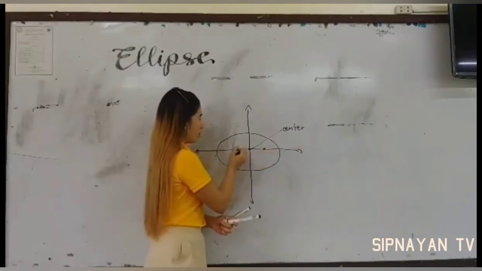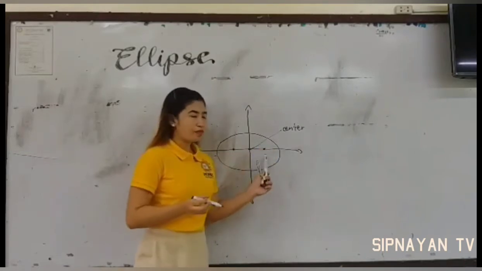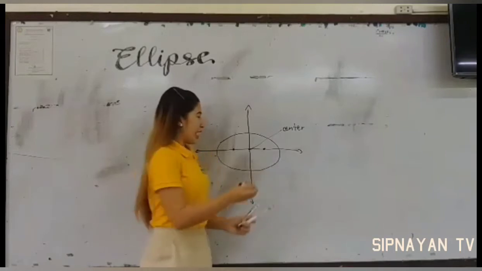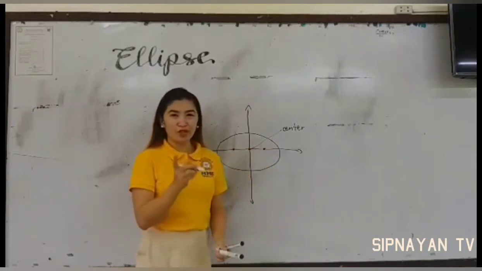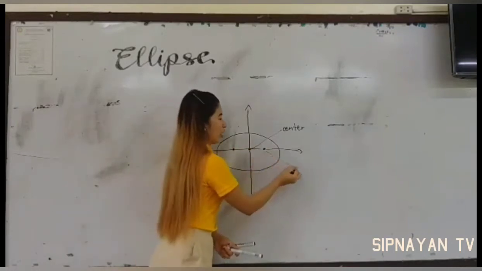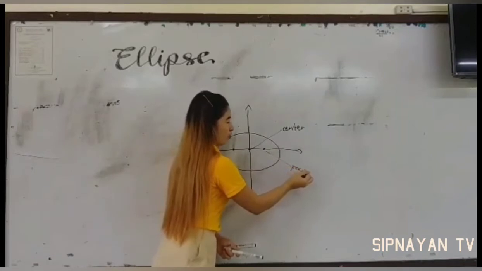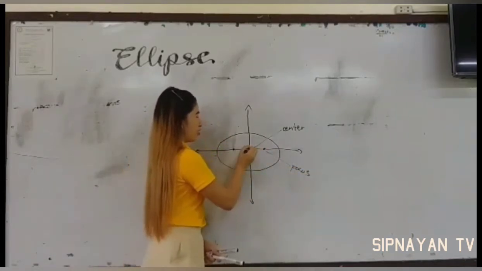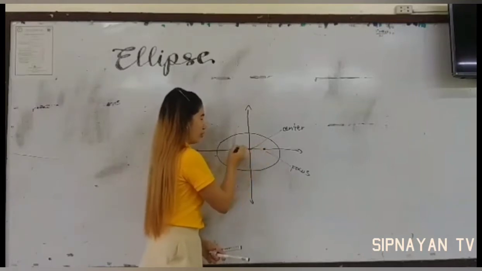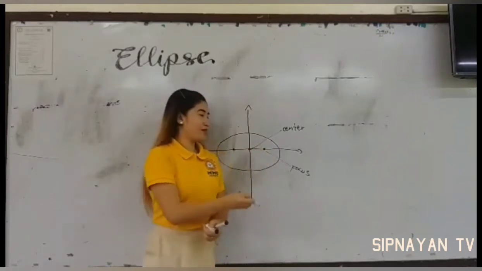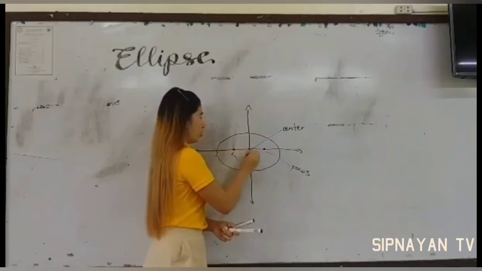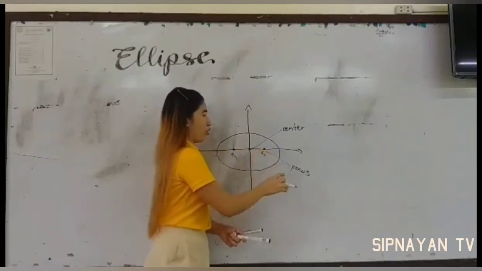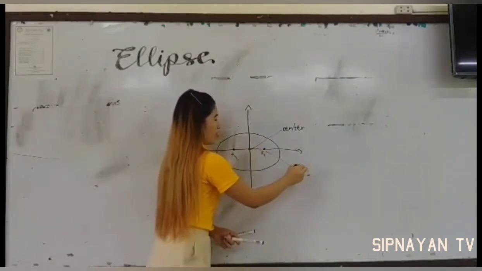For example, these 2 points are fixed points. And these 2 fixed points ay tinatawag natin focus. The distance from the center to each focus is equidistant. This one is F1, F2, or what we also call the foci.